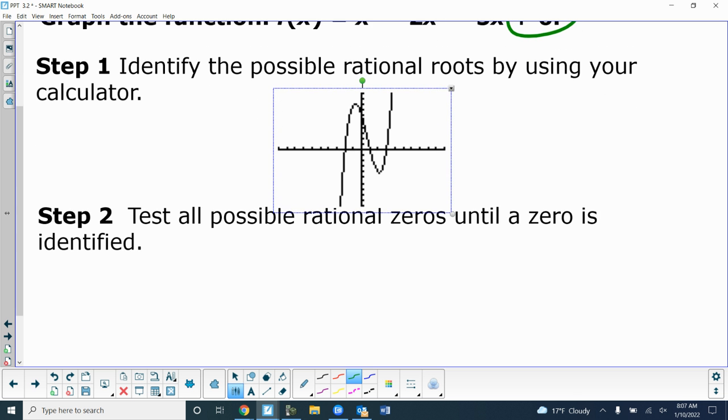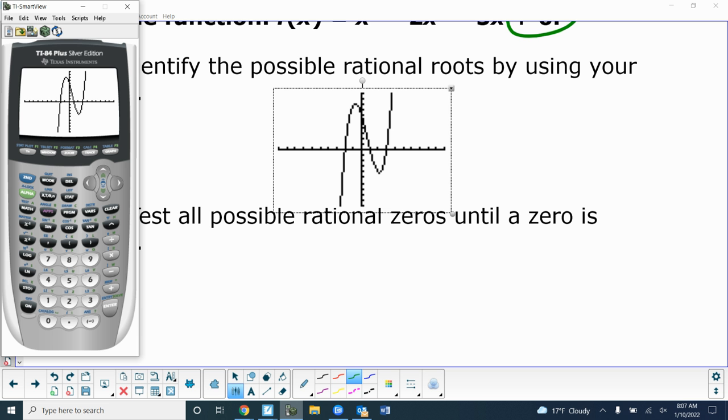The zeros look like -2, +1, and +3. To make sure, I'm going to go to my table. So I'm going to hit second graph. There's -2. I want to see if I can get all 3 of them on there.